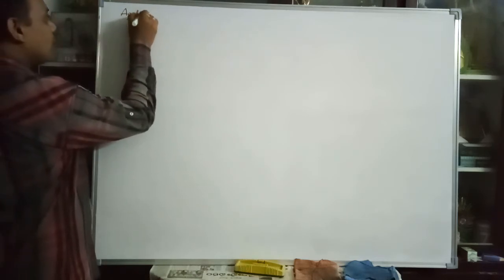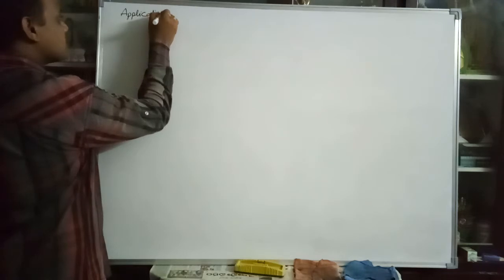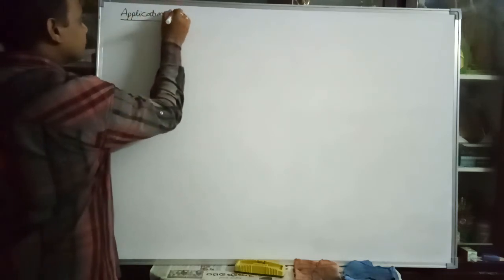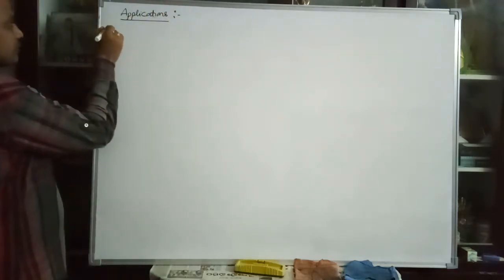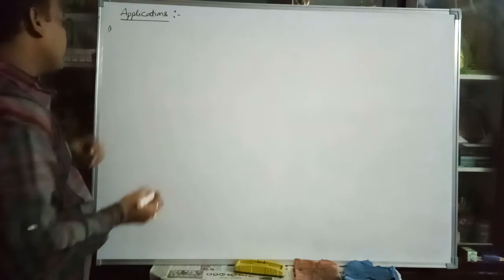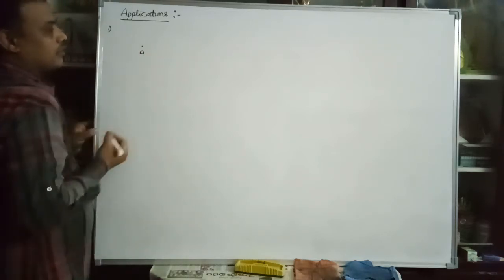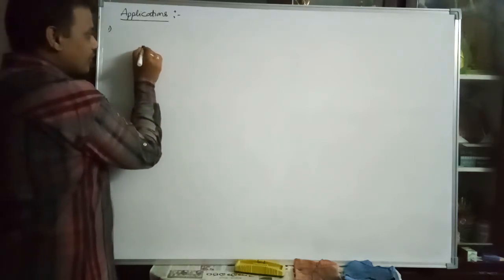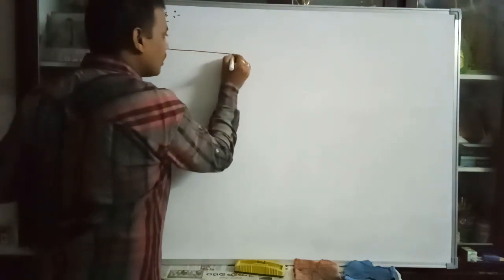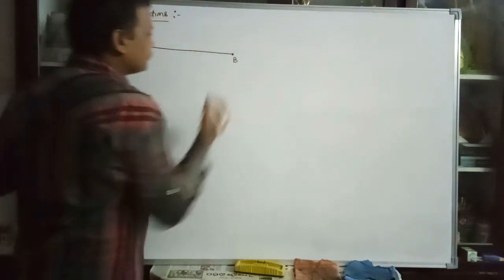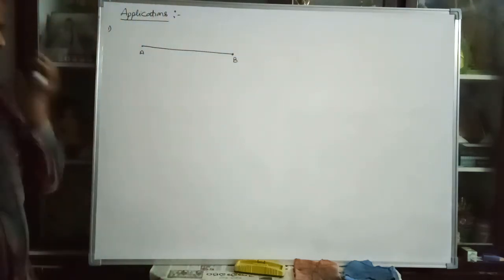So we are going to the next topic, applications. First application: a person starting at point A, after a certain interval of time, reaches point B. What is the distance?